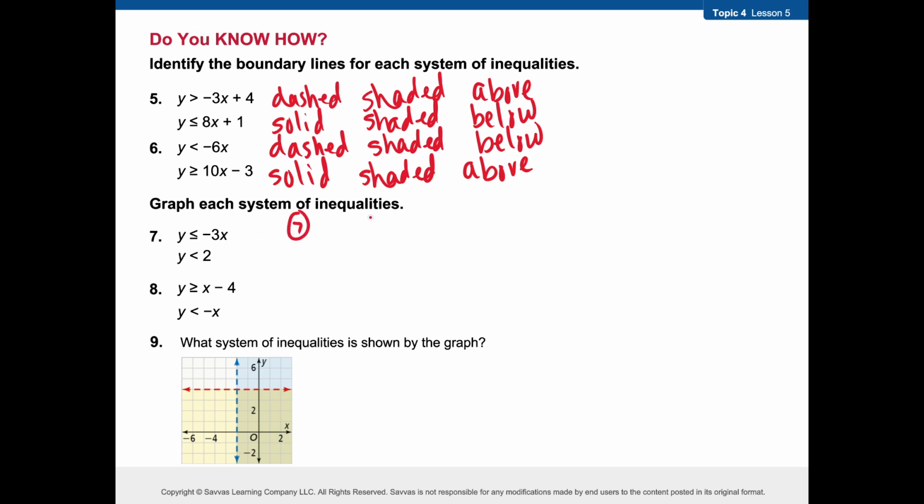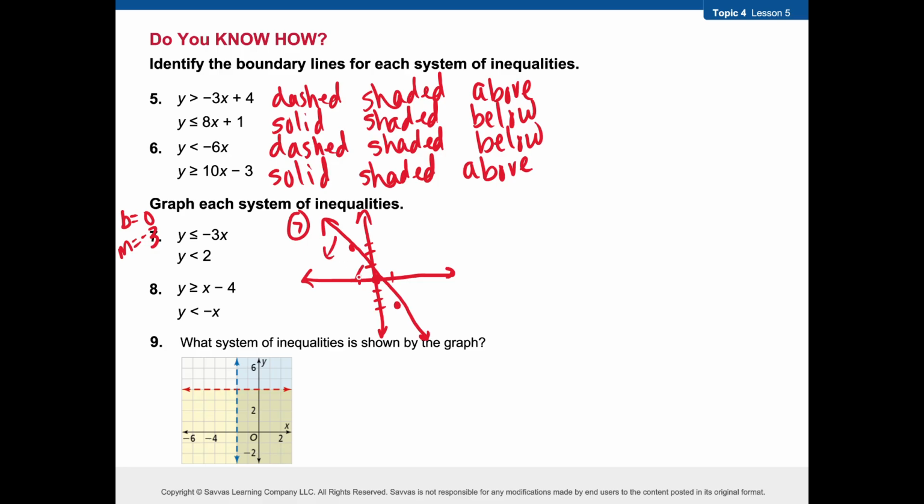Number 7, graph. There's no y-intercept here, so that's 0. Slope is a negative 3, starting at 0, 1, 2, 3, 1 to your right. This one is a solid line.